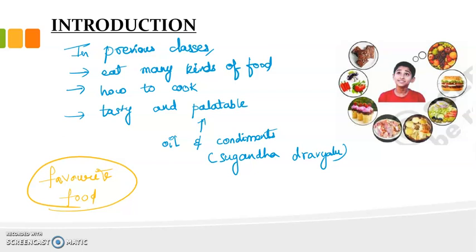If we eat that favorite food daily, only that amount of nutrients will be absorbed by our body. But for the remaining nutrients, we have to put a question mark. So we have to eat different types of food, not only our favorite food item. That's why we have to eat different types of food items in our life.